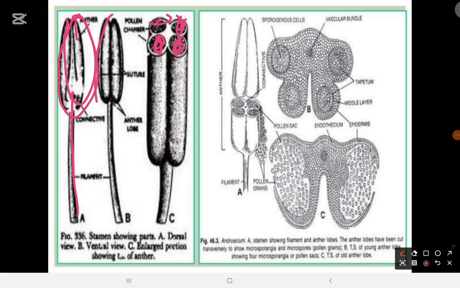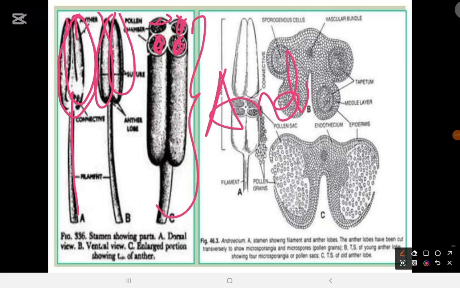And of course, the anthers are anchored in lobes. Is that okay? They are in lobes. Now this whole thing is called the androecium. That is the male reproductive system. Is that okay? That's the androecium. All right.